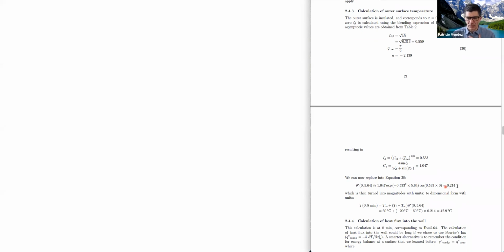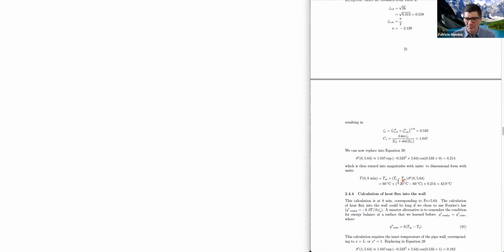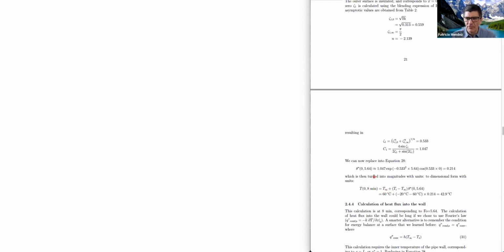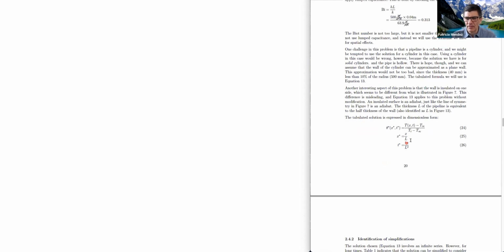Now, the question is, what is the temperature on the surface of the pipe after 8 minutes? Not on the outer surface of the pipe, right? x equals 0 is at the center after 8 minutes. If I unpack this expression, this is the formula for theta.